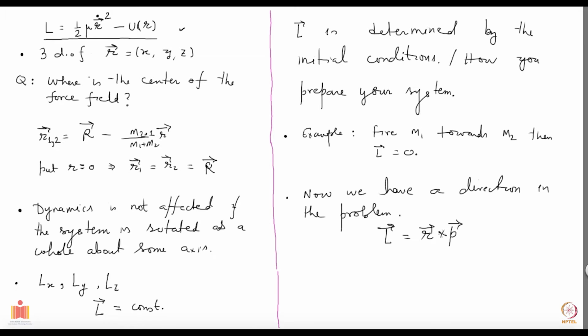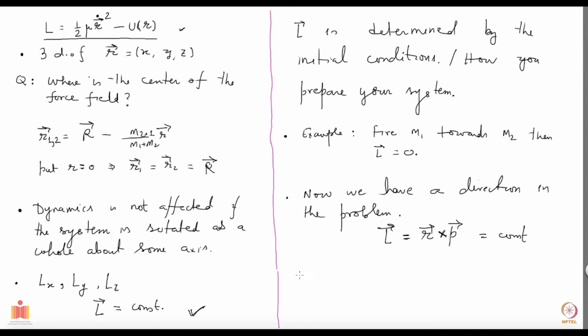And this R is measured from the origin, and you know where the origin is, so angular momentum is measured with respect to that point. Now this equation says that because this is constant for my system, which I have already established based on the symmetry of the problem, this says something nice.